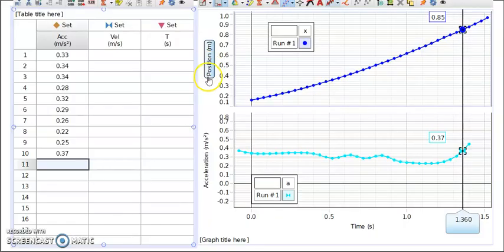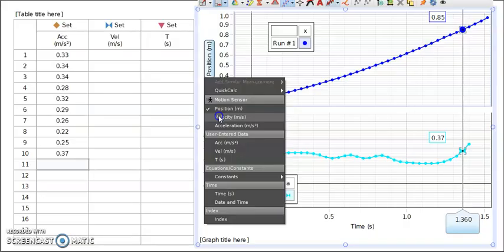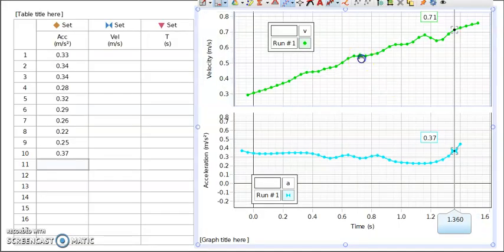So as you can see, I have position here. I'll just change that over so that we can see velocity. I'll leave that unsmoothed because, as we know, the entire run of data is the motion of the cart. So what I'm going to do is find the coordinates.